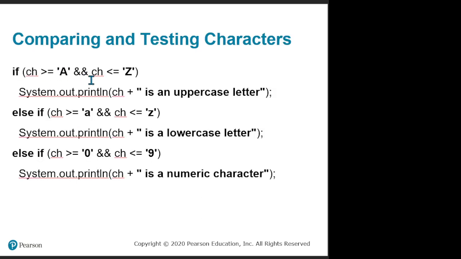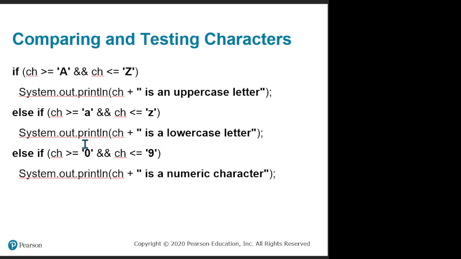So this if statement says if your value is greater than or equal to 65 and less than or equal to 90, you're going to be an uppercase letter. And then we do an else if that compares to the lowercase numerical values. And then in here, it looks to see if you're between 0 and 9.